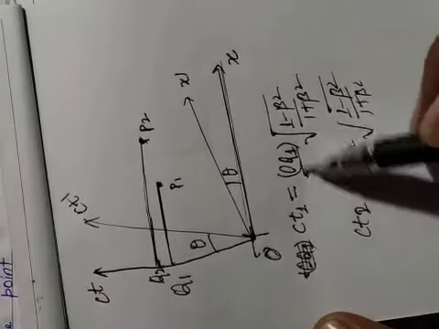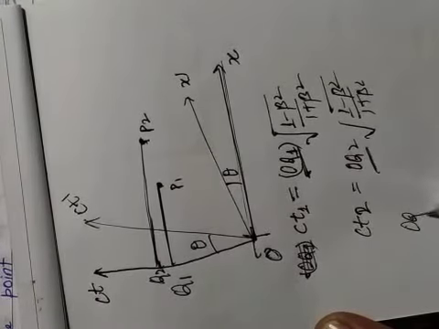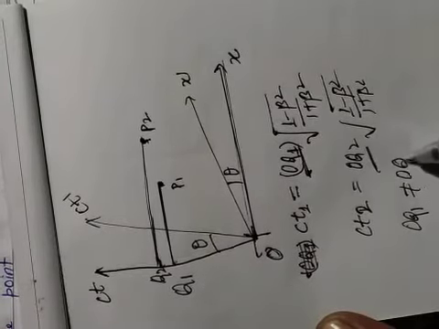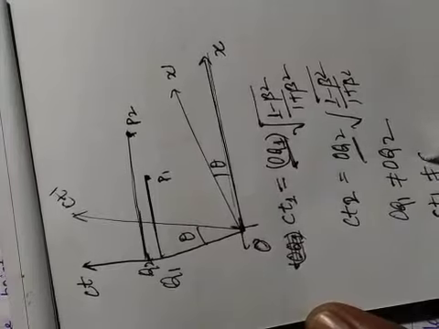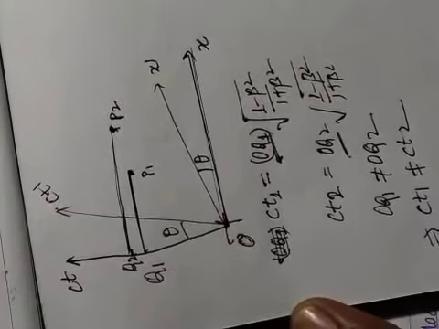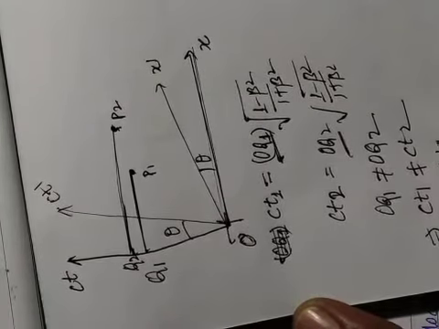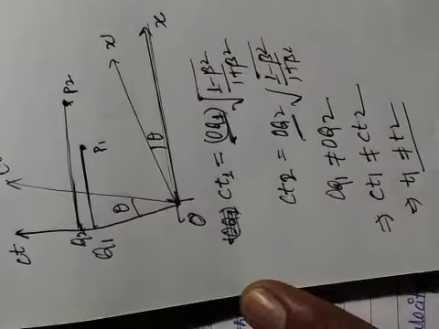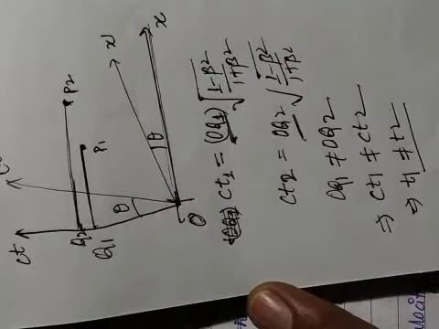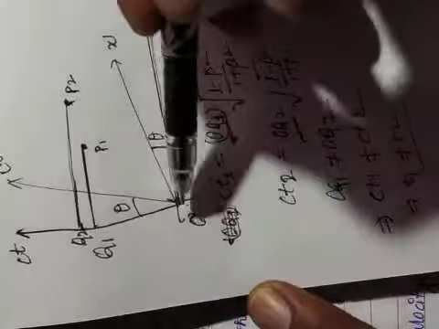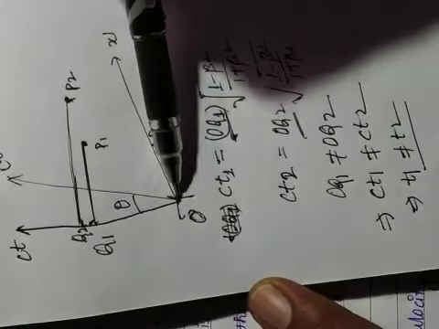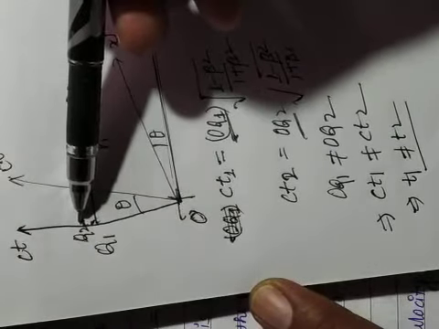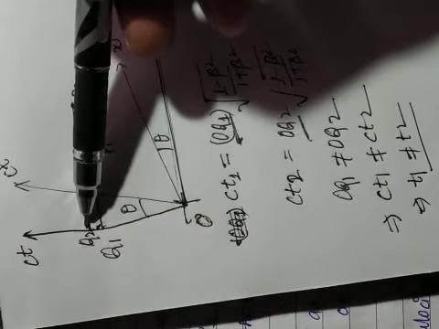And again, OQ1 does not equal OQ2, which implies that CT1 does not equal CT2, which implies that T1 does not equal T2. Measure this length O to Q1 and this length O to Q2; these are different lengths.